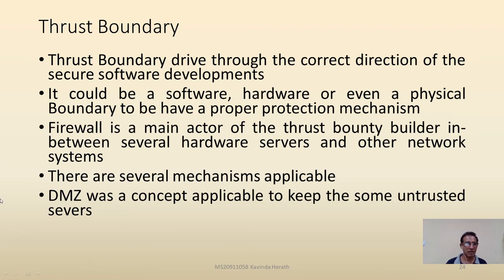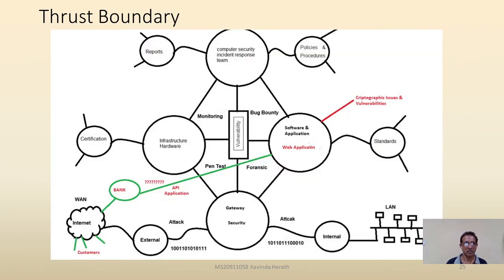That is why DMZ zones exist. This is the sockets environment. Trust boundaries are very important for the sockets environment, because each and every link can have some sort of communication to API applications. Then the proper boundaries, the trust boundaries, should be built up.